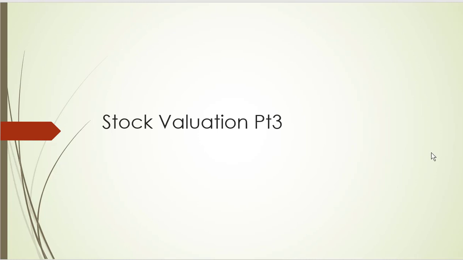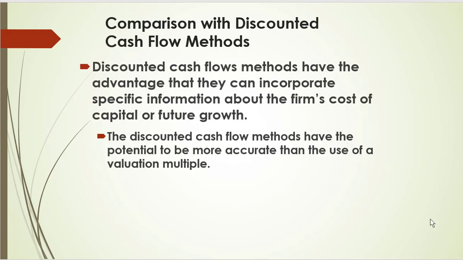So the first part of this then is talk about the comparison of these variation or these multiplier models to the discounted cash flow models. Discounted cash flow models do have an advantage because they incorporate some information about the firm's cost of capital, future growth.